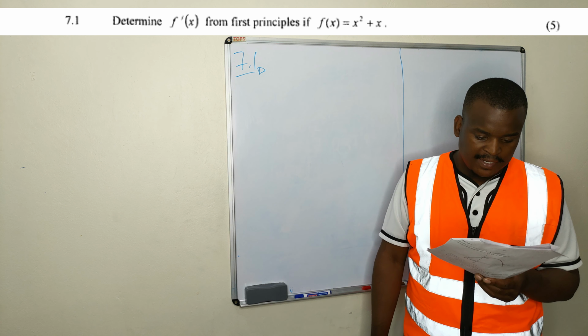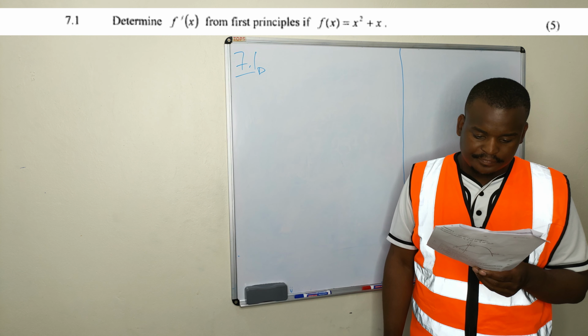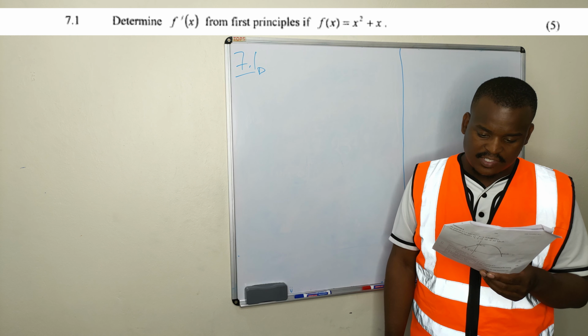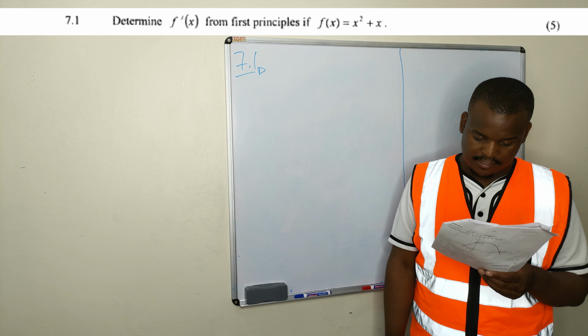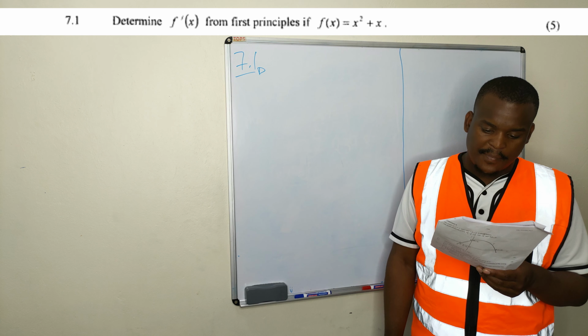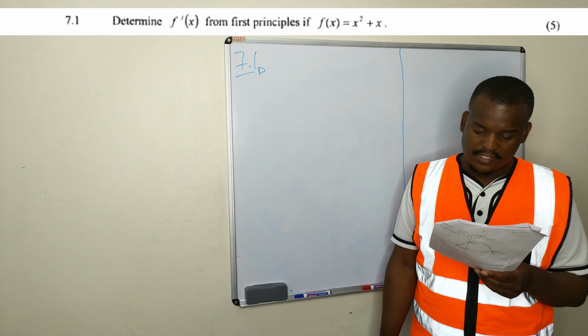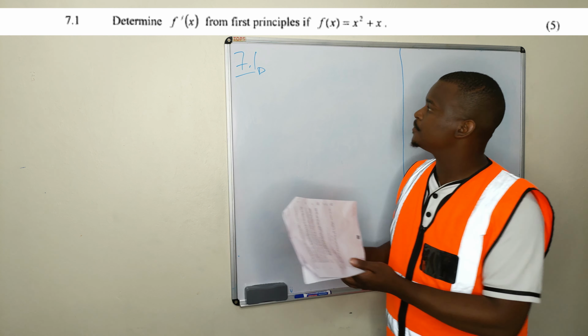Read as follows. Determine f prime at x from first principles if f of x is equal to x squared plus x.